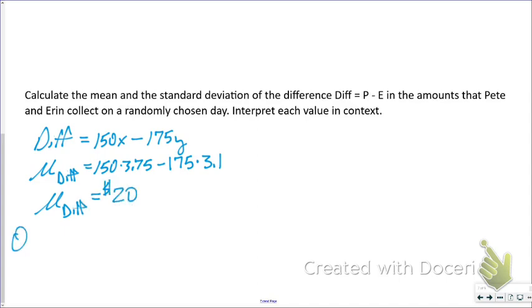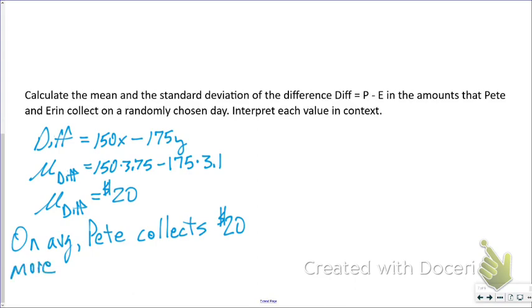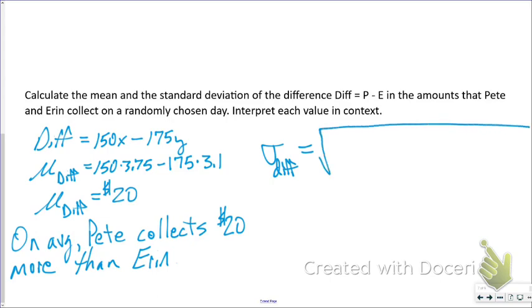So I would say something like, on average, Pete collects $20 more than Aaron. All right. Standard deviation there is actually no work required. Because when I calculate this, and you don't have to do this step if you don't want to, you can just draw an arrow and say standard deviation does not change.